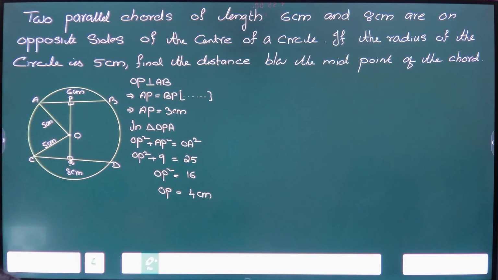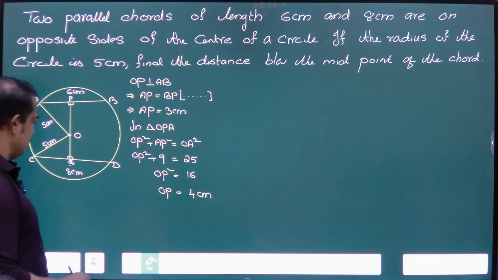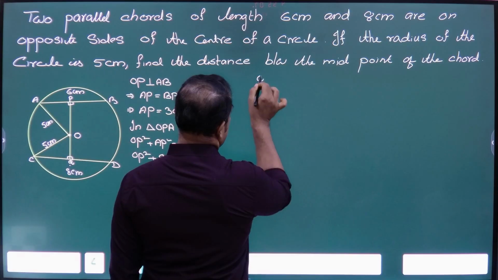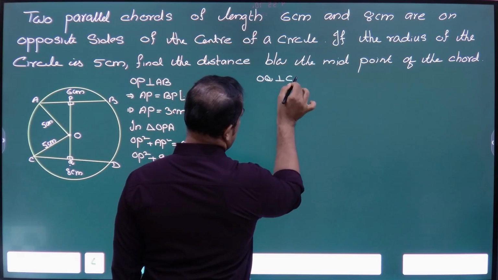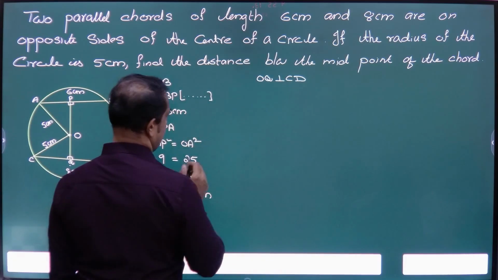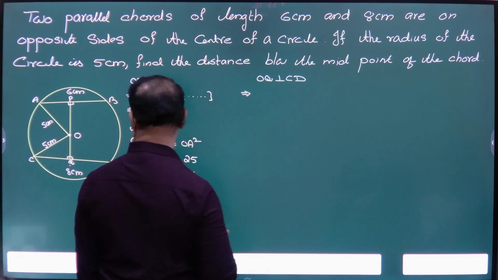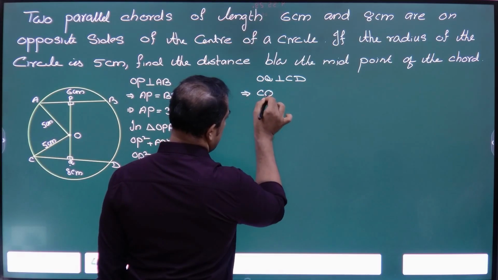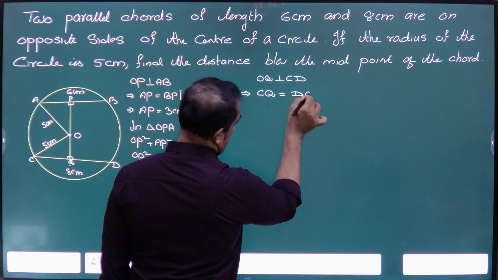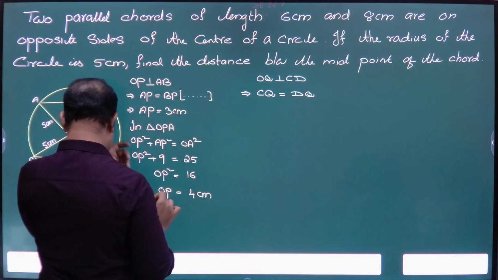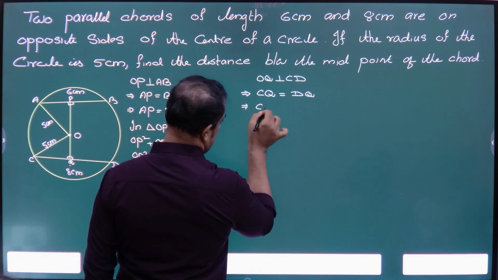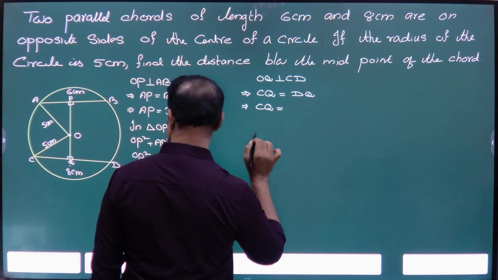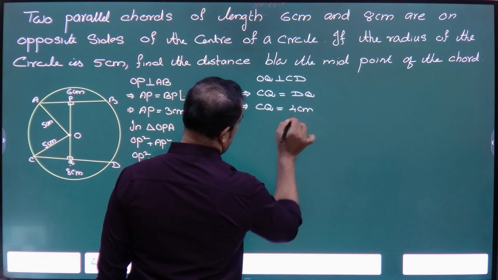Again, apply the same process in the second triangle. OQ perpendicular to CD implies CQ is equal to DQ, implies CQ is equal to 4 centimeter.